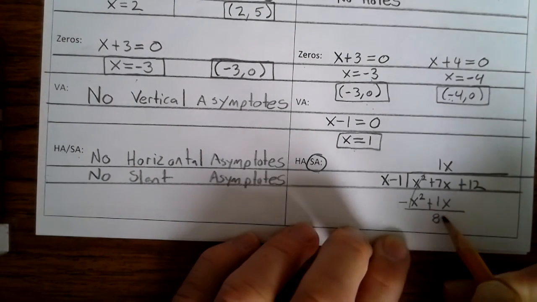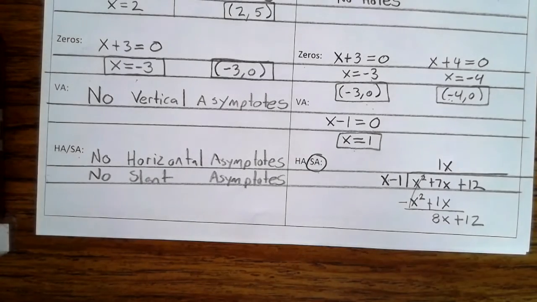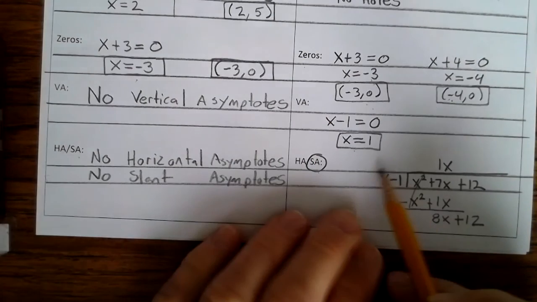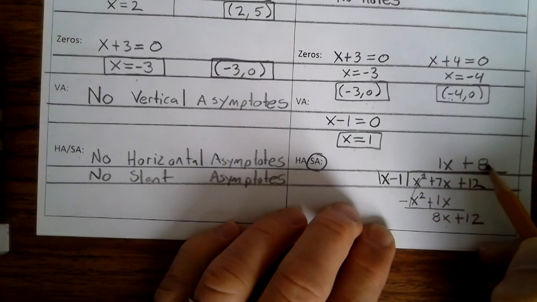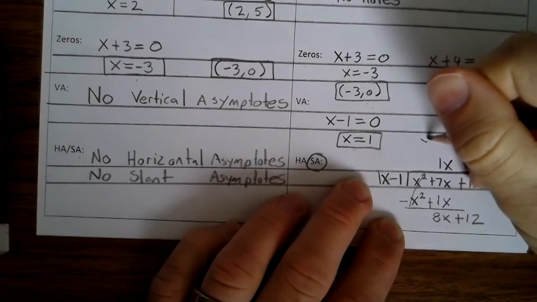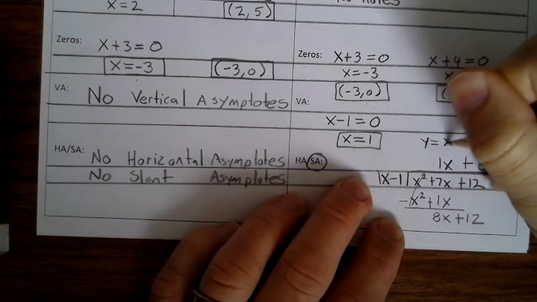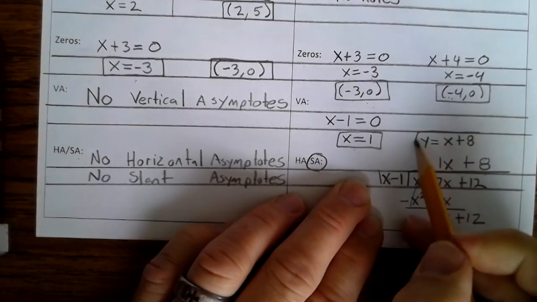The answer to that is plus 8. You stop. Once the quotient is completed, you have your slant asymptote, which is y equals x plus 8. And again, that's a slant asymptote because the quotient included an x. When the quotient doesn't include x, it's a horizontal asymptote.